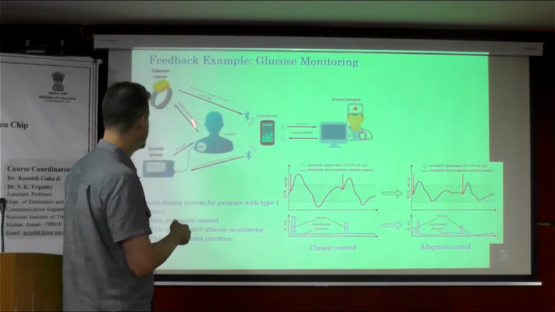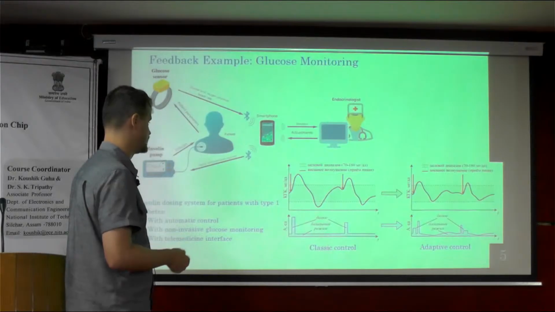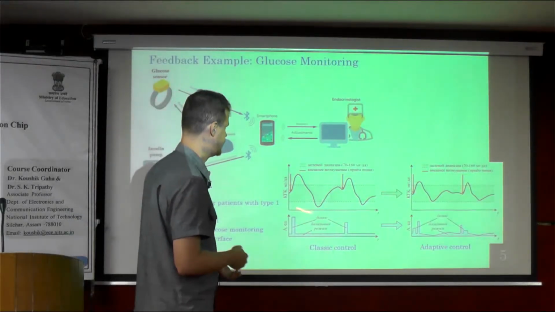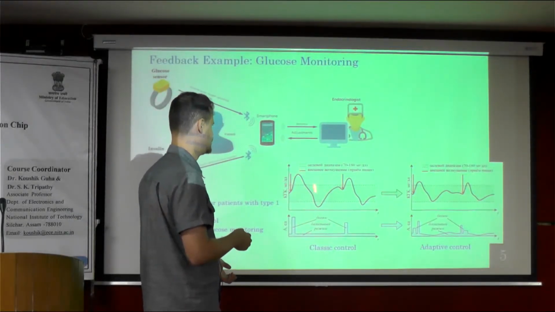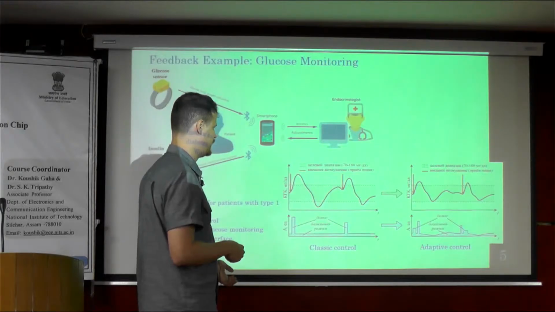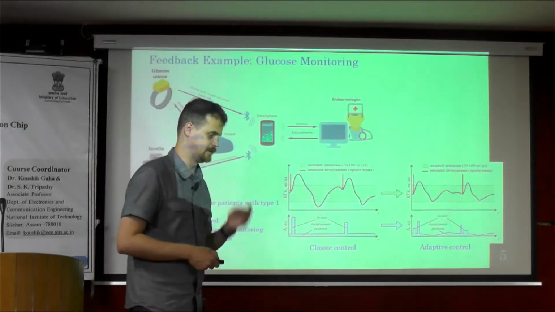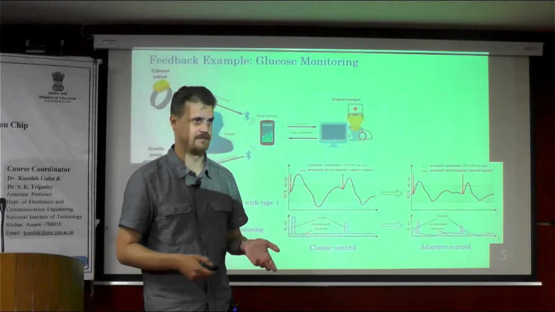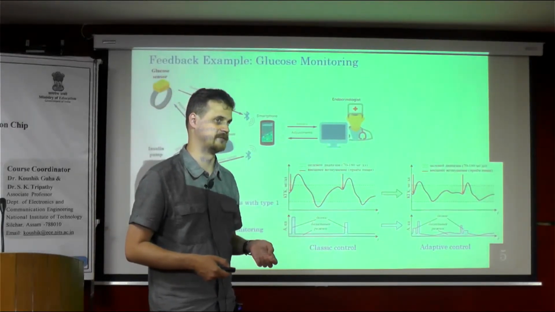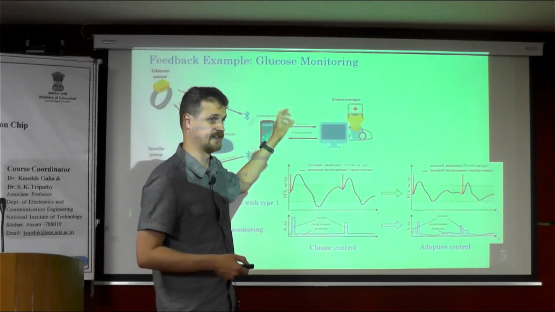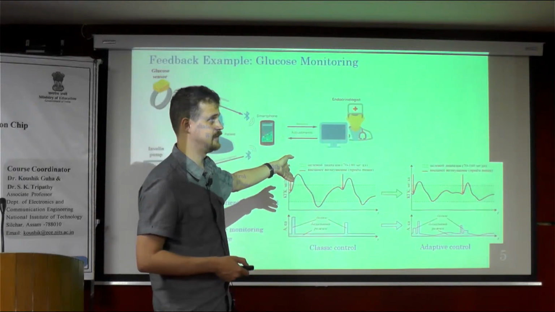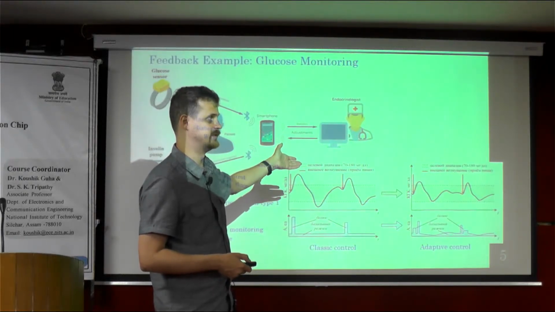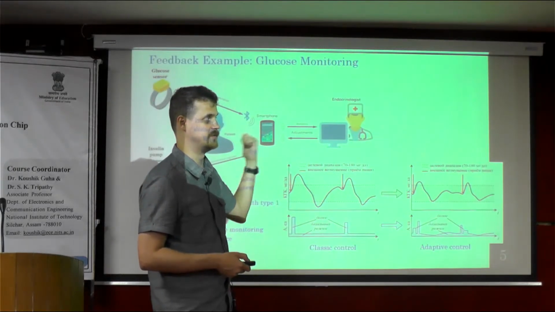And speaking of the feedback example, since there are a lot of complications with glucose measurement, a simple error that can occur during the glucose measurement can provide inaccurate data from the sensor, and that can lead to the wrong decision to, for instance, infuse insulin.